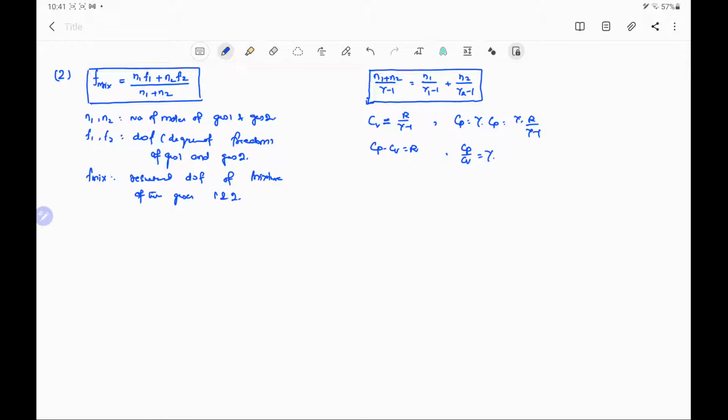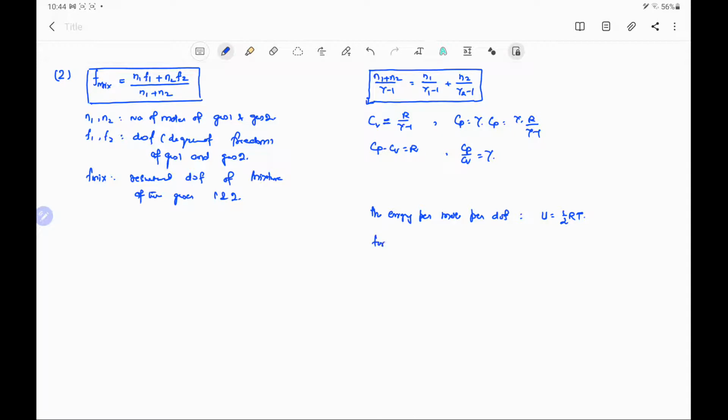Before that, we will find the molar heat capacities Cv and Cp in terms of the degree of freedom. Using the equipartition theorem, the energy per mole per degree of freedom of the gas is U equal to 1 by 2 RT.